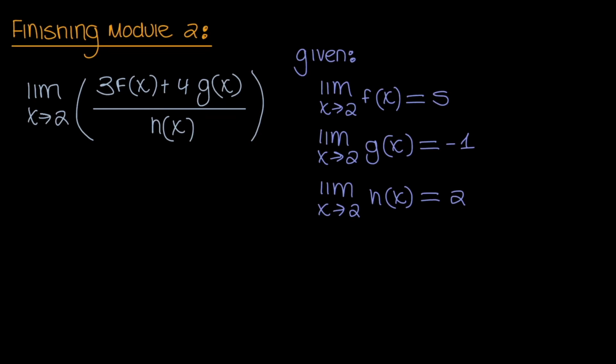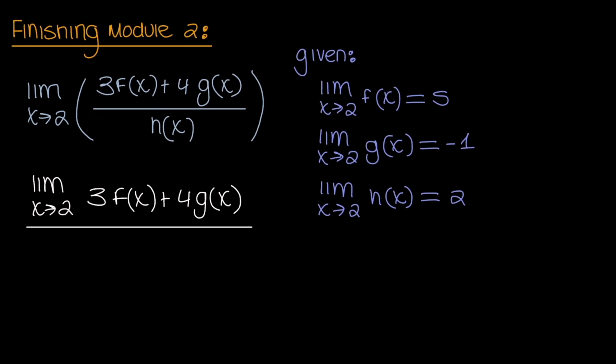Now the reason limit laws come in is that it's almost a distributive property here: first we apply a limit to the numerator and second we apply it to the denominator. Let's try breaking that down. So the limit as x goes to 2 of the numerator over the limit as x goes to 2 of our denominator.